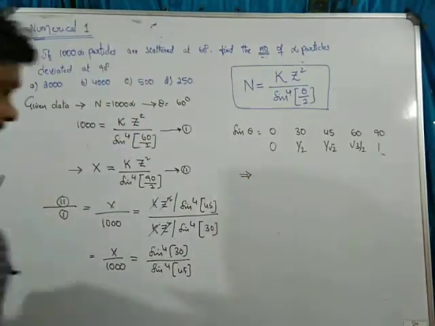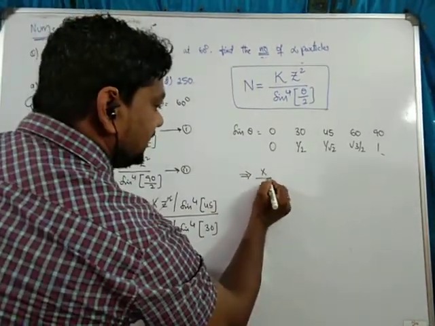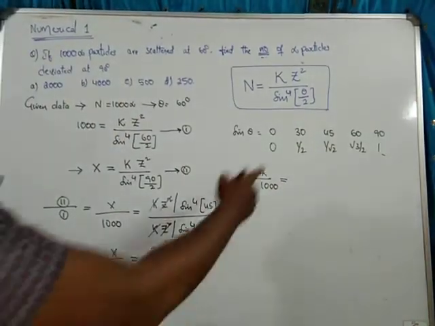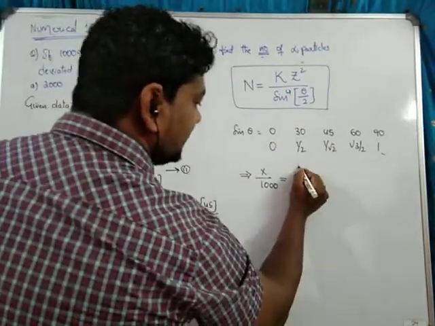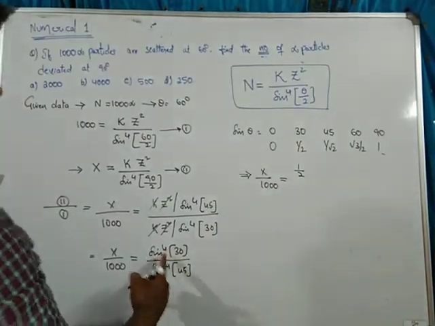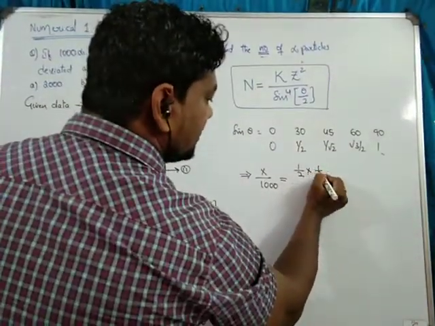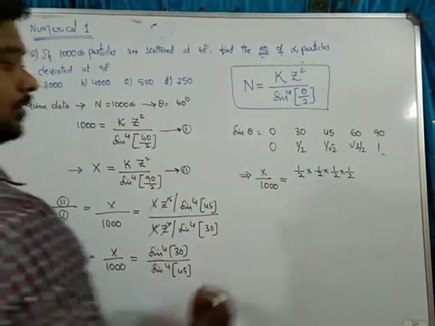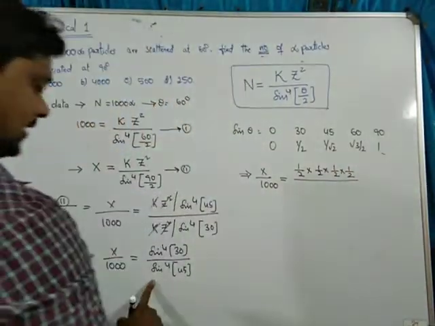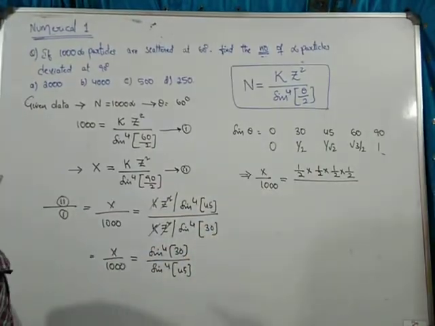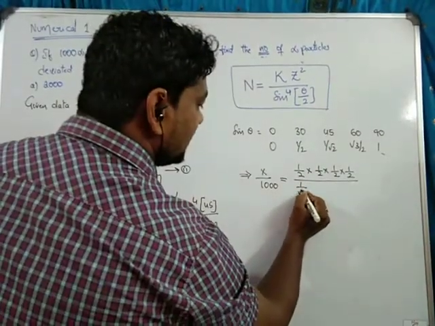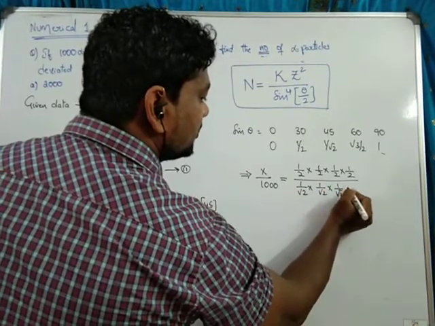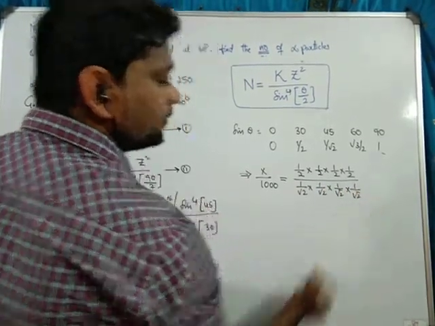Which implies x by 1000 is equal to, since sine 30 is 1 by 2, we can write 1 by 2 with the power of 4, so 1 by 2 into 1 by 2 into 1 by 2 into 1 by 2, divided by sine 45, which is 1 by root 2, so 1 by root 2 into 1 by root 2 into 1 by root 2 into 1 by root 2.